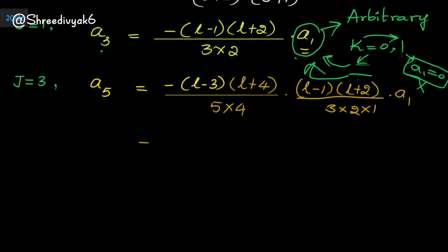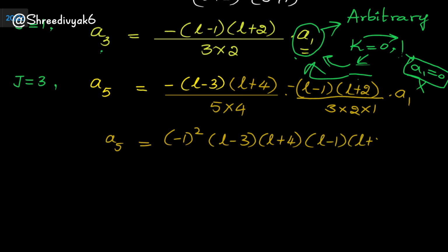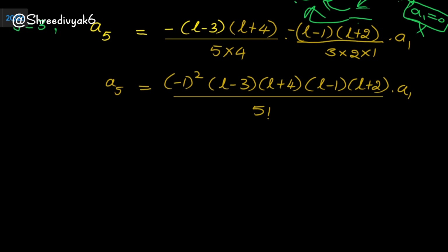On combining, I can write A5 as minus 1 the whole square into (L minus 3) into (L plus 4) into (L minus 1) into (L plus 2) whole divided by 5 factorial into A1. Similarly, when I take the value of j as j is equal to 5, next value of j, I can write it for A7.